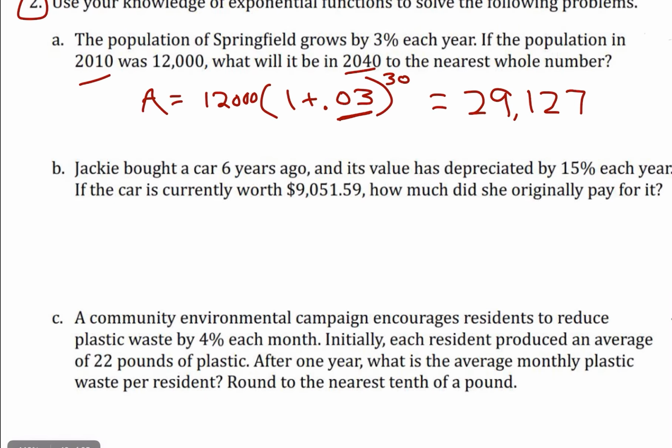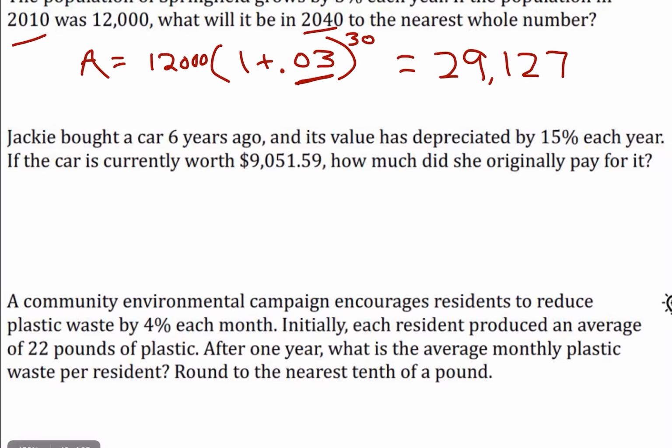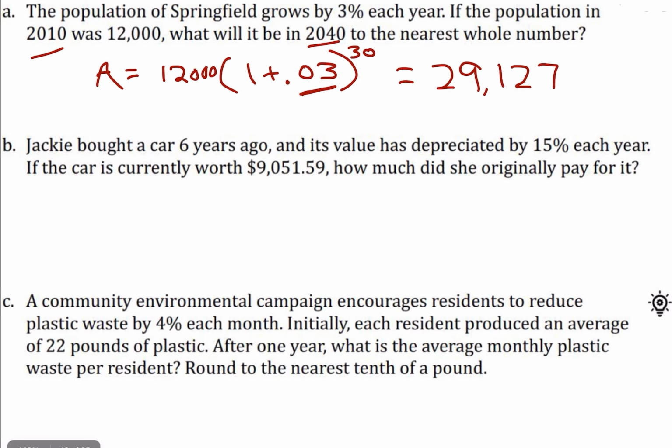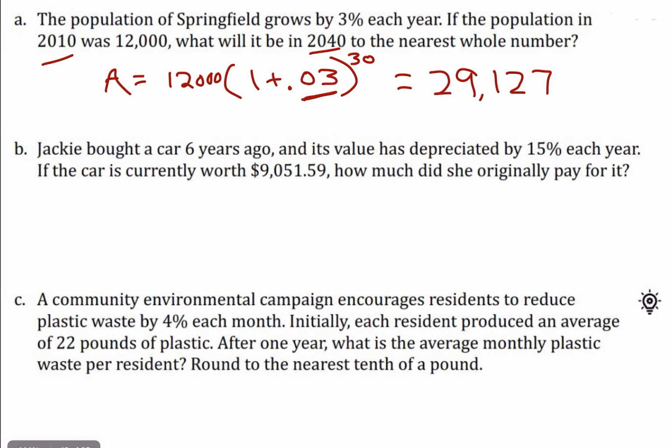Okay, let's go to B. You're not going to see that formula up there anymore, but we're going to look at the problem and you'll know what it is, because it's the exact same thing we did in the problem above in A. This time we know the final amount. The car is currently worth $9,051.59. That's the final amount that we know. We're trying to figure out what the initial amount was, so I'm going to use the variable P for our initial price.